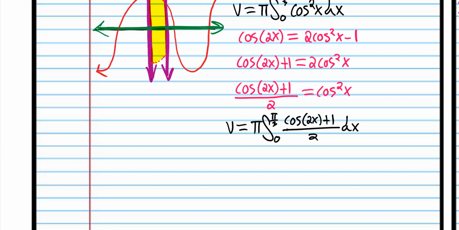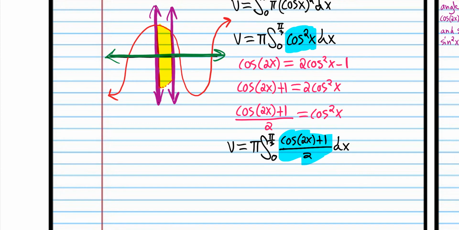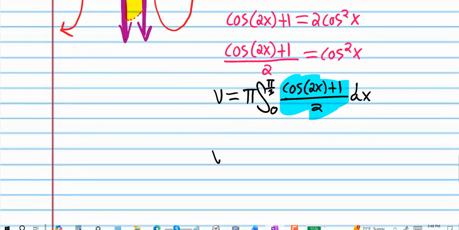So all we did was just replace this blue expression with this green expression here. So it's a lot easier to work with. Now let's see if we can find the value of this integral.